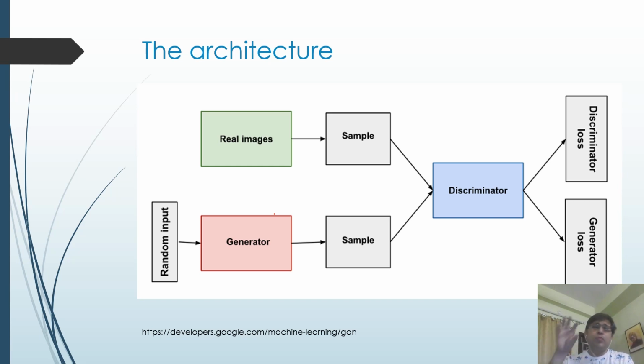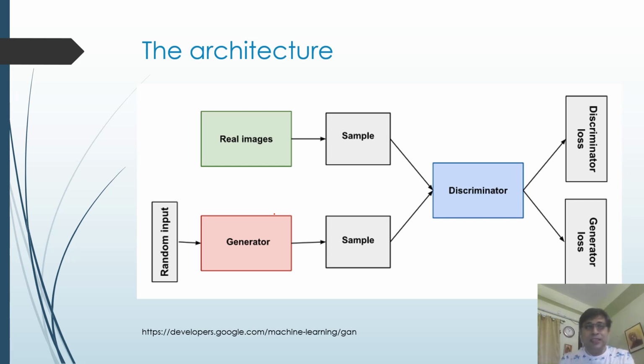And there are two loss functions because there are two neural networks. One loss function is for the discriminator, and another loss function is for the generator. One other very important part is that this happens when the GAN model is training.